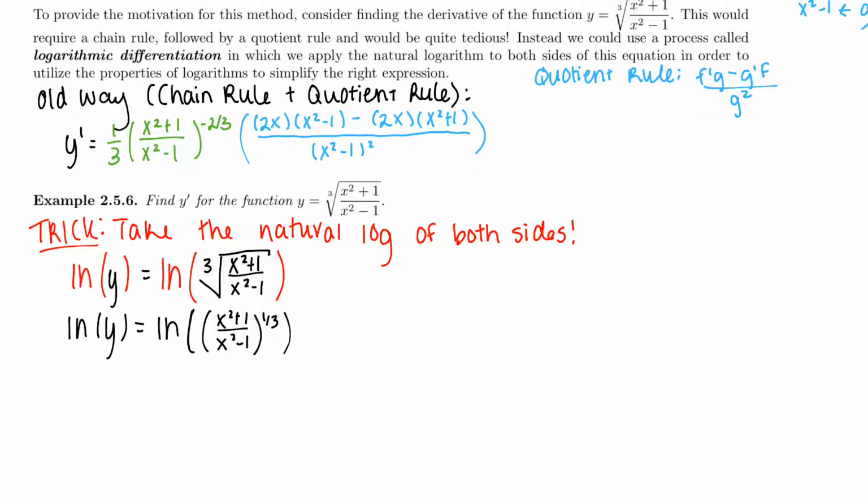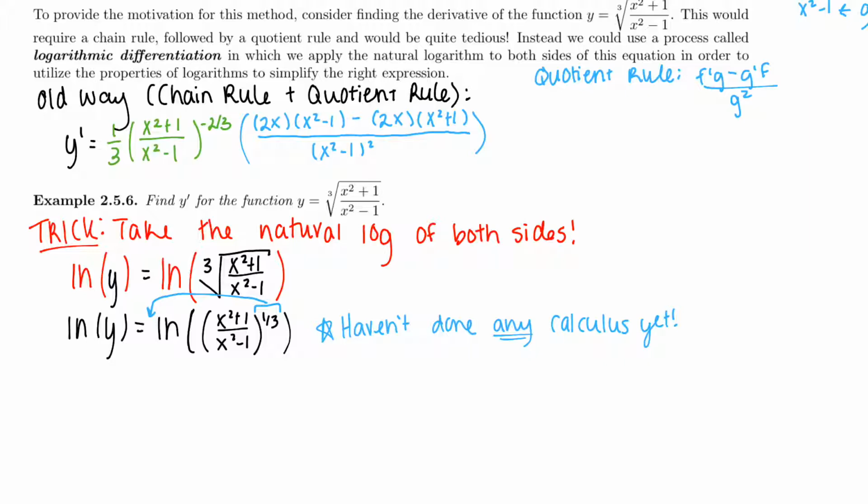And making a note here, I have not done any calculus yet. I have not taken any derivatives. This is just algebra I've done at this point. My log rules say that if there's an exponent, I can bring it down in front, right?